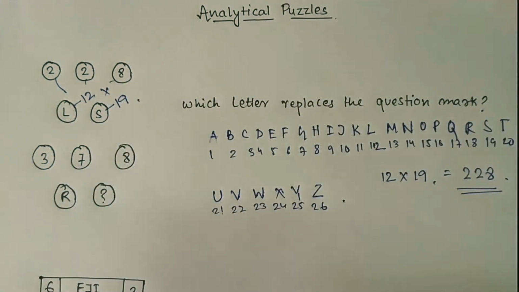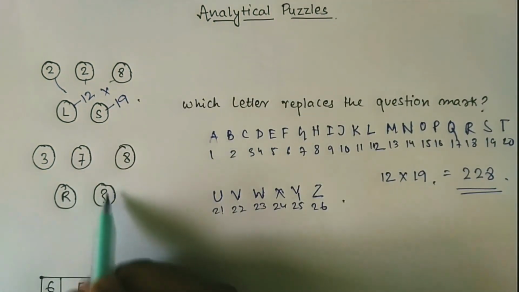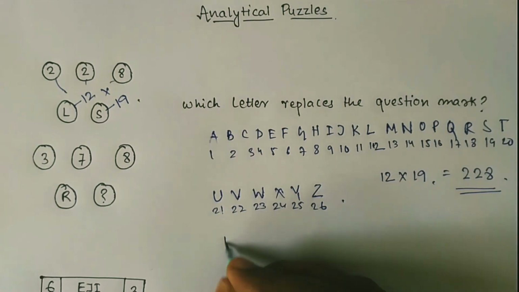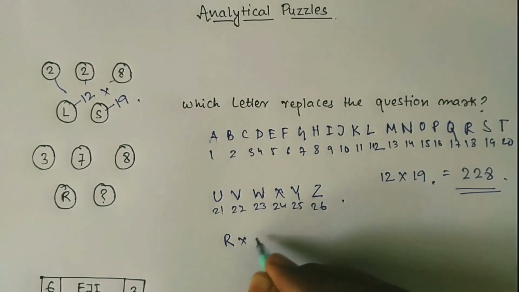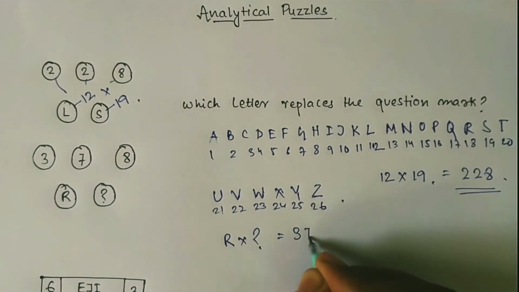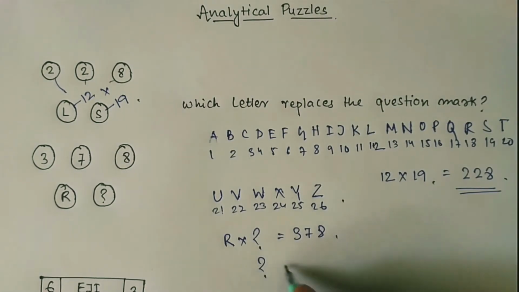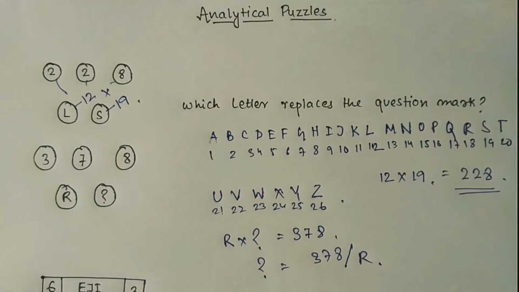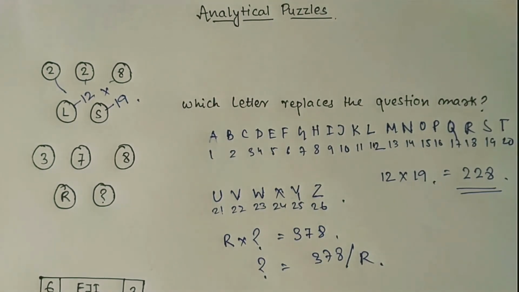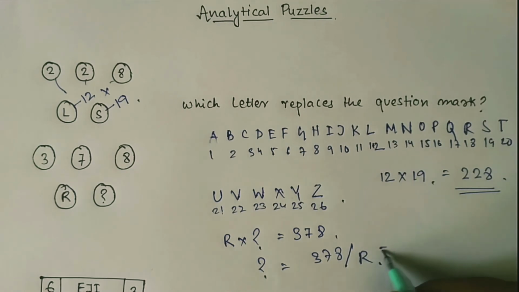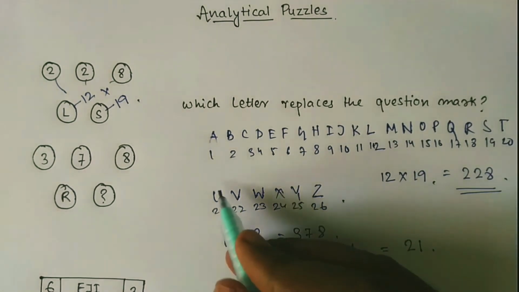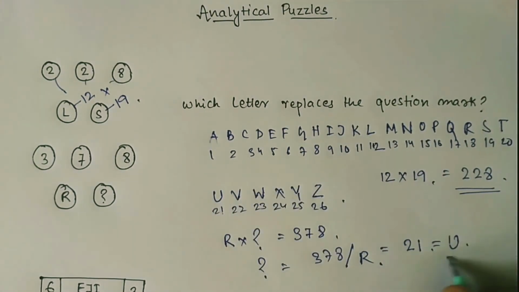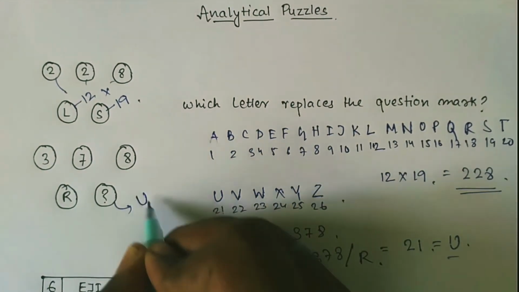And now in this one, R is there, and suppose this is X, R and some alphabet, and it comes to 378. So this equals 378 divided by R, right? Which comes to 21. So it is the numerical value of U. So the question mark will be replaced by U.